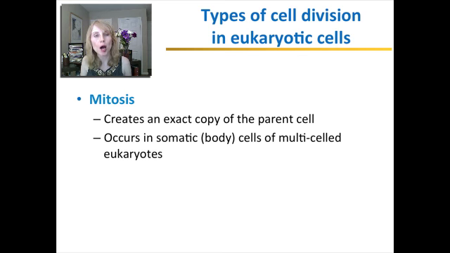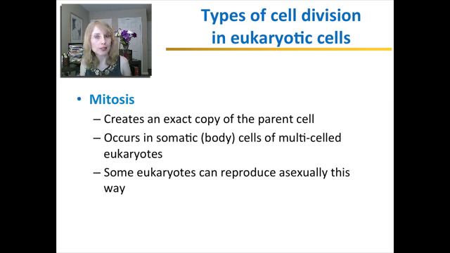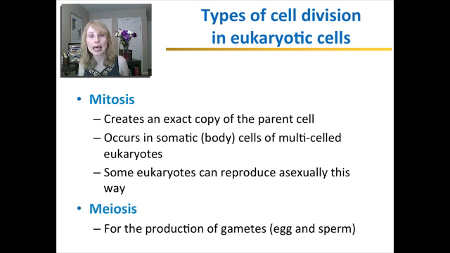Somatic cells are your body cells, everything except your sex cells. And some eukaryotes can even use mitosis to reproduce asexually. The second type of division is called meiosis. Meiosis has one purpose, and that is to produce gametes, which are egg and sperm.